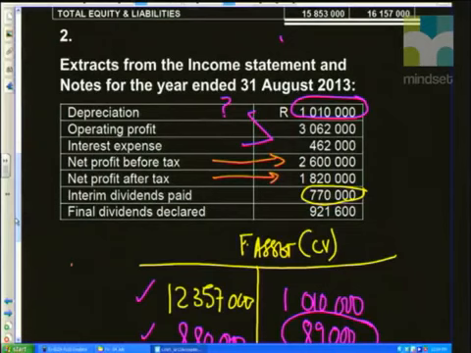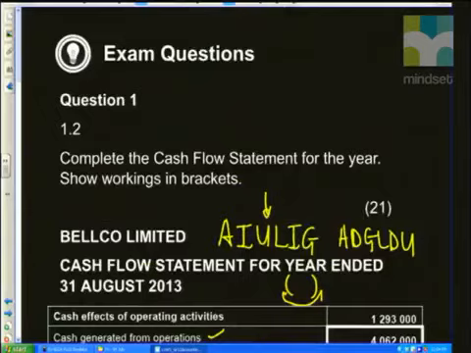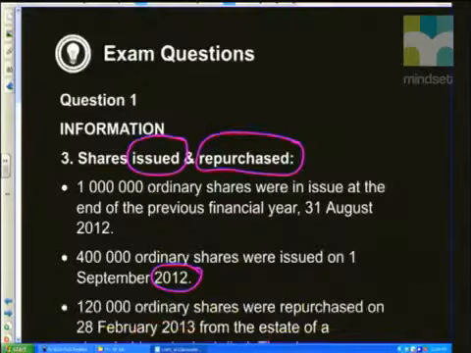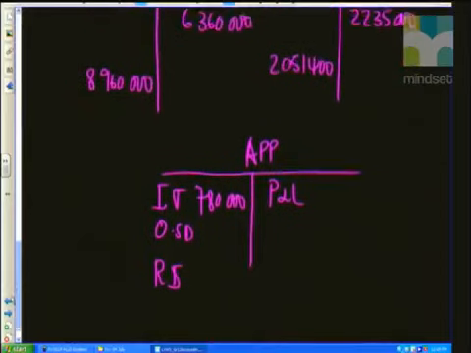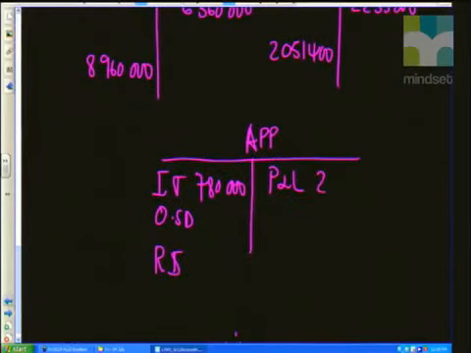My net profit before taxation is a figure of 2,600,000. Therefore, 2,600,000 would be in my profit and loss account. Okay, so I've got my profit and loss figure, net profit before taxation.